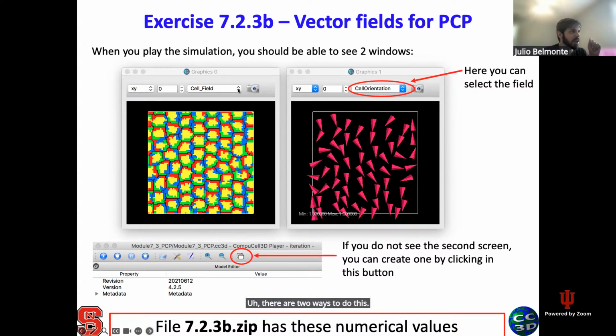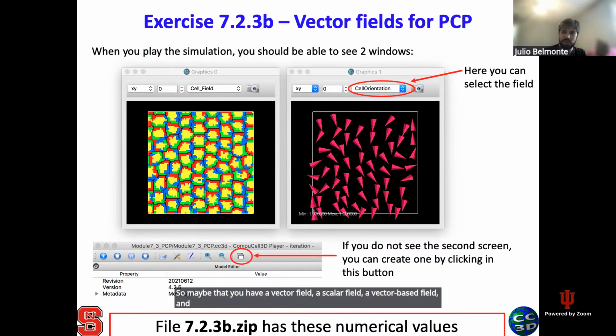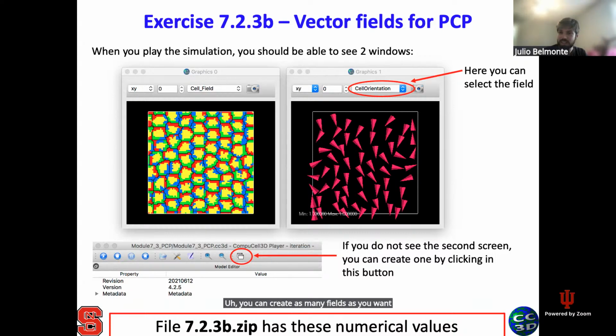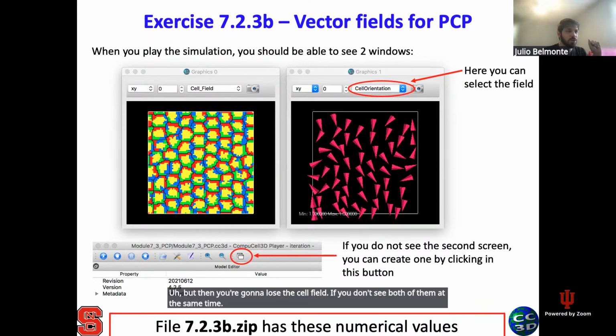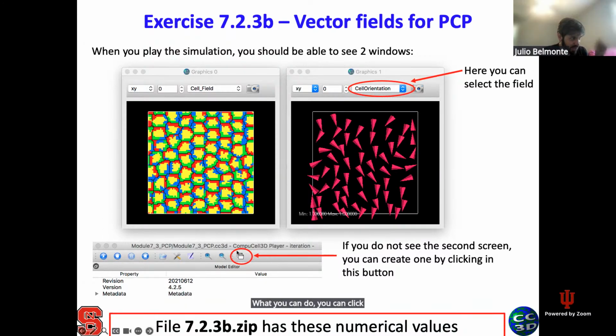You can click on these arrows here and select these other fields. Remember that you have a vector field, a scalar field, a vector cell-based field, and a scalar cell-based field. You can create as many fields as you want and select them here, but then you lose the cell field. If you want to see both at the same time, you can click on this button here in the player.